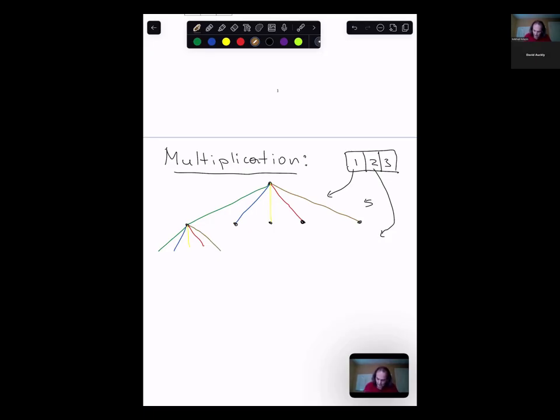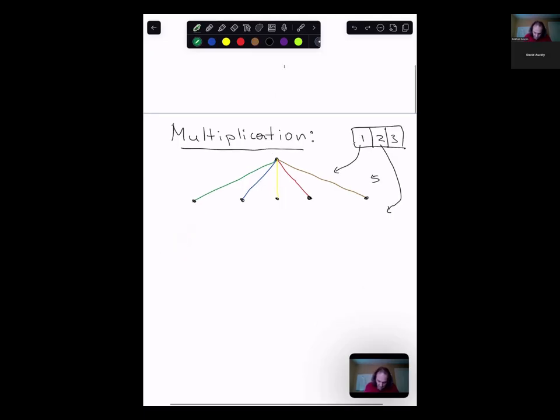Wait a second. Let me make it a little bit smaller so that things fit here. Brown. Okay, so we can do that for every case.